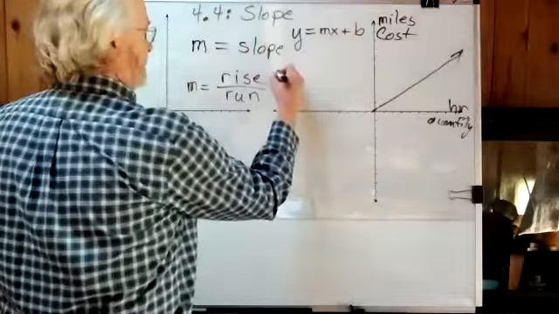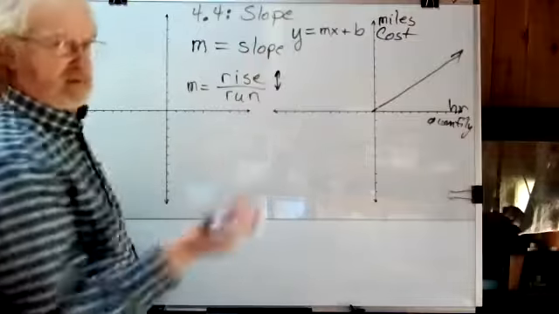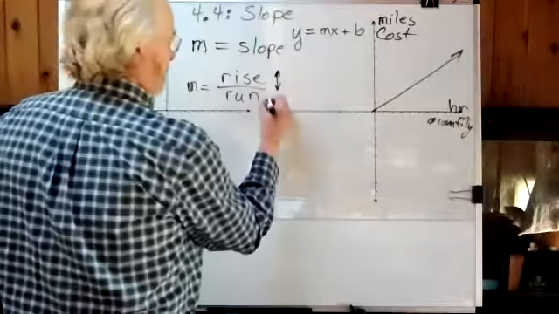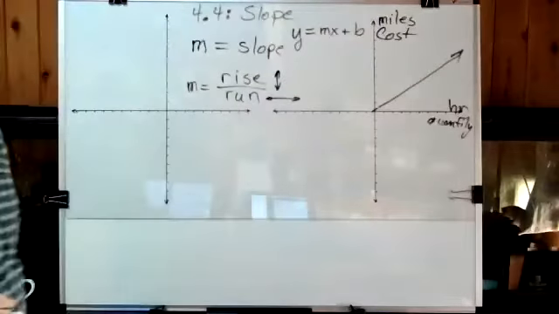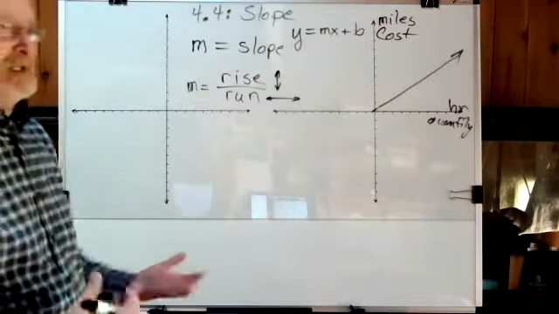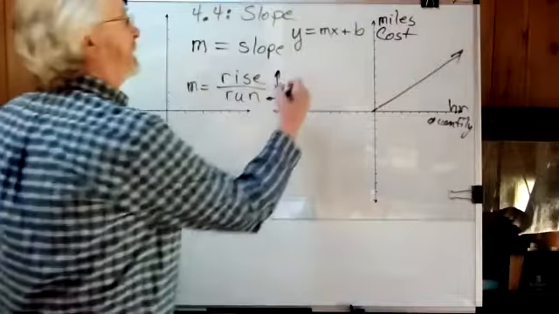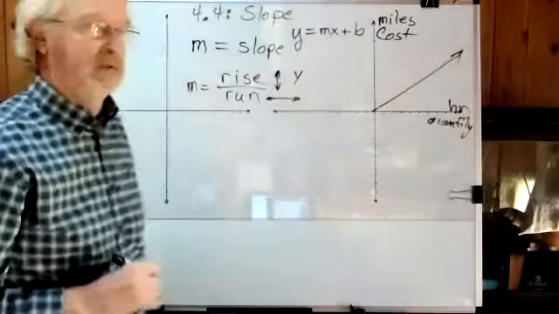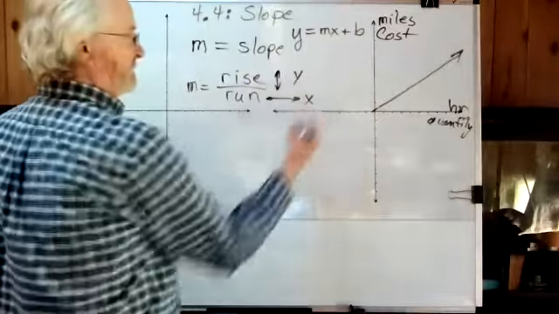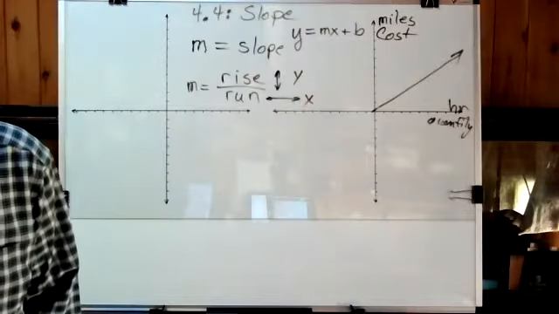Your rise is how much I went up or down, for a certain amount of horizontal travel, which is the run. The idea is to help people remember it's the y values on top and the x values on the bottom. Rise over run.